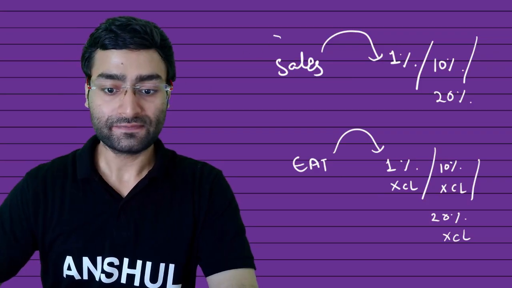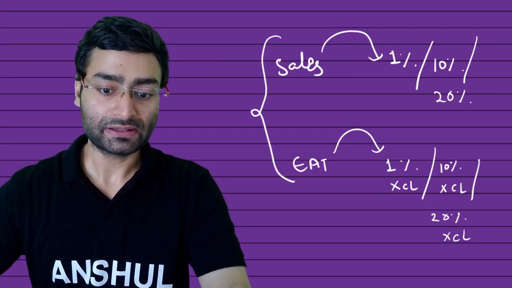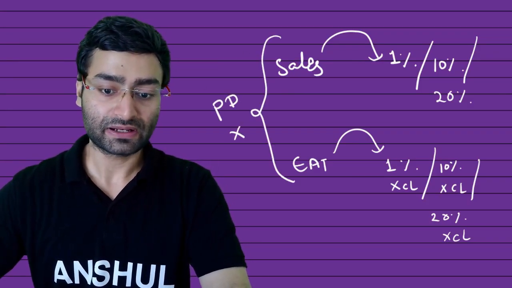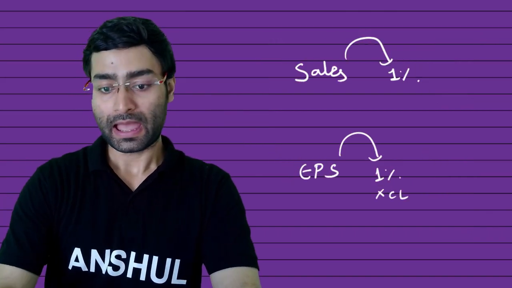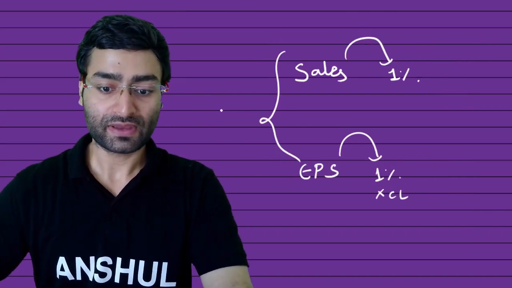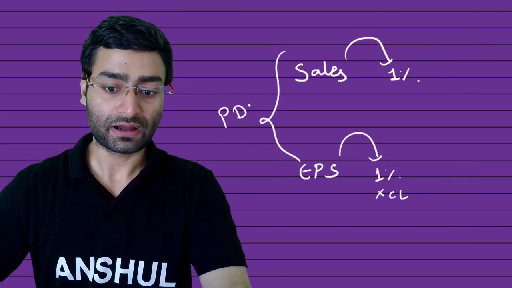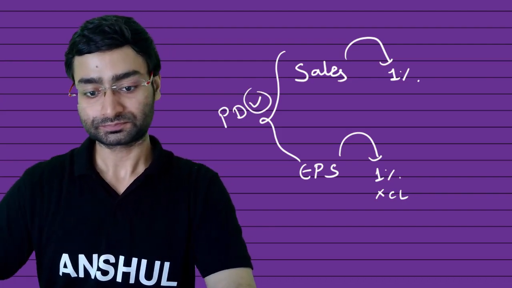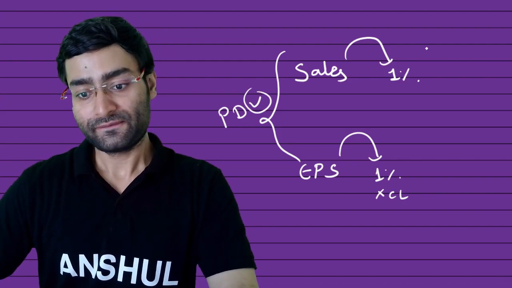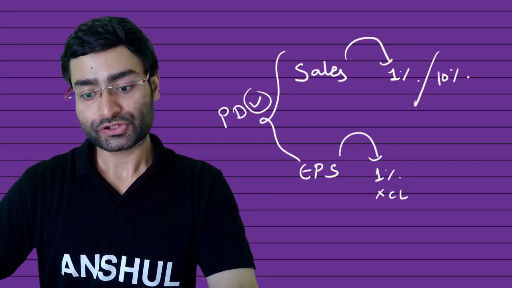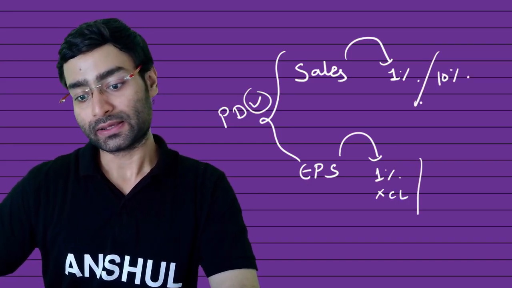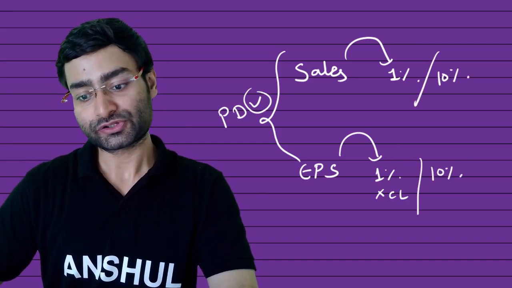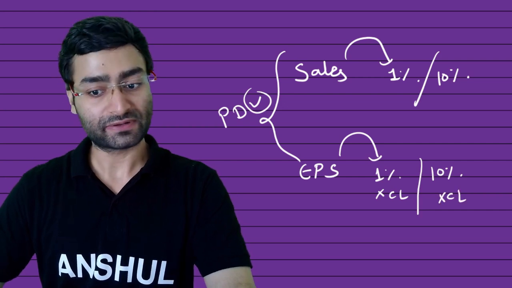This was the interpretation when there is no preference dividend available, and this is the interpretation when there is a preference dividend available. Is that okay? Understanding? If sales changes by 10%, my EPS will change by 10% multiplied by the combined leverage.